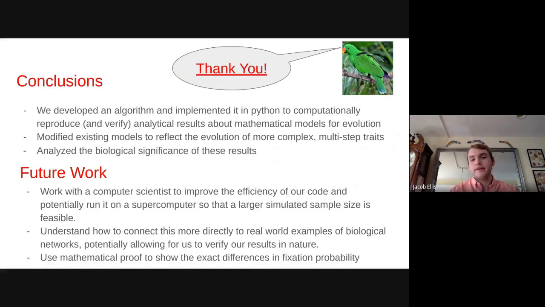We could also try to find a way for our model to work with the real world and show these results to biologists. We thought it might be really cool to talk with biologists and identify whether our theoretical results might be significant in nature, and we would love to use our mathematical proof to find the exact differences in fixation probability as well, because we think that would be a good further step.